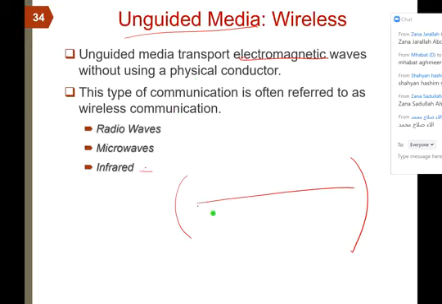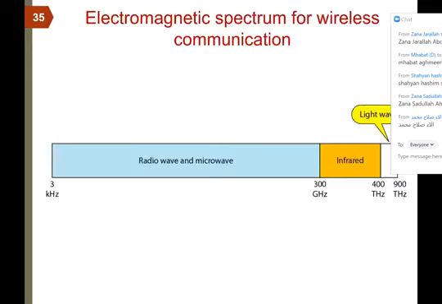Because you don't need any media, even free space will work. Okay, so if you send the laser from this point to this point, there is no need for a media to transmit. You can transmit it through the air, through the space. Okay, so it's called unguided media. We have a wide electromagnetic spectrum, as you know.